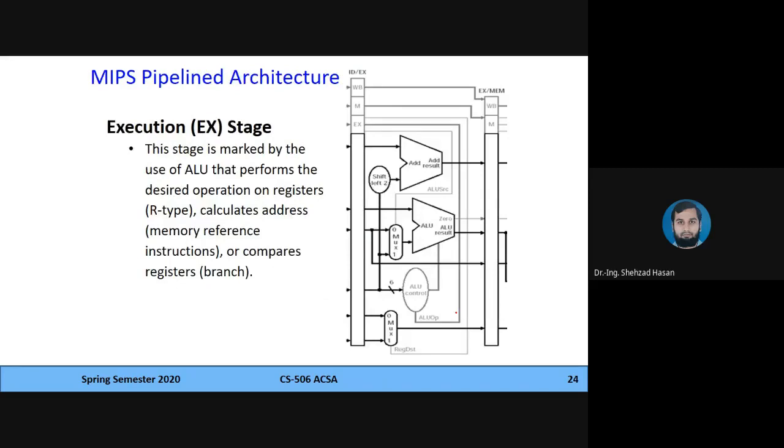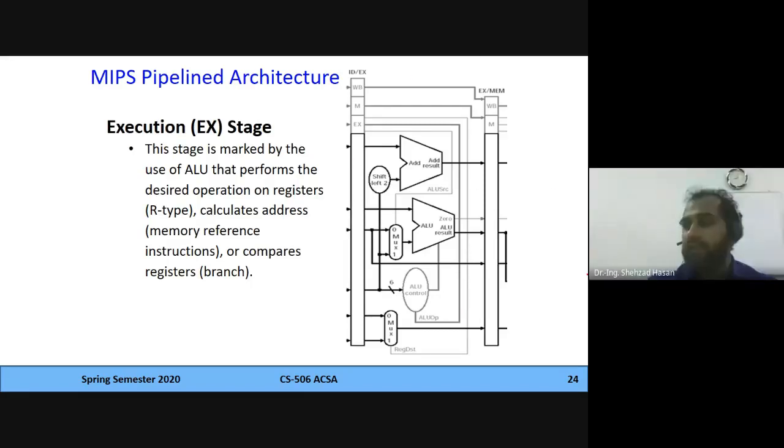Now we come to the third stage, which is the execution stage. This is the main stage where you are going to perform the execution, or the ALU is there, and then we have the 6 bits that were the function bits also coming in, which is going to tell the ALU what to do. And then the adder is going to add the contents of RS and RT, which are the two codes, the source register codes, or you can have an immediate field as well.